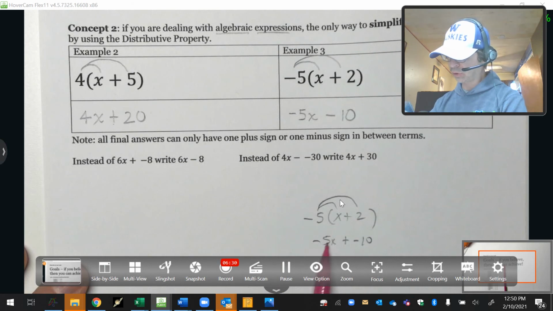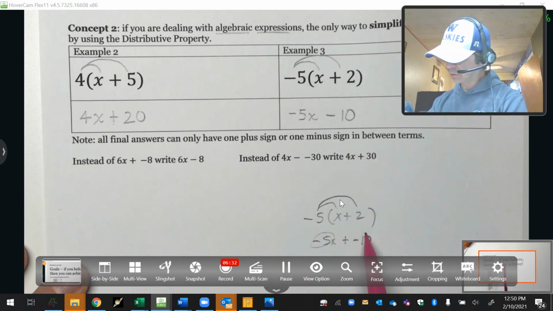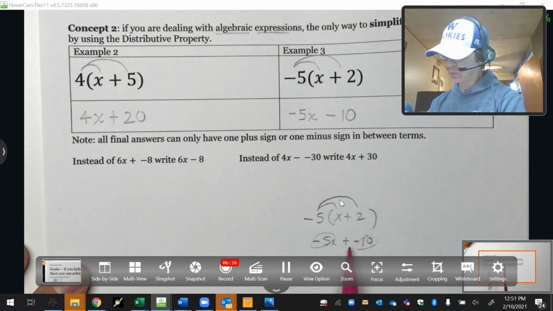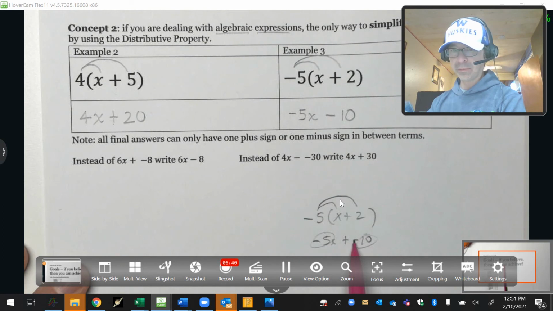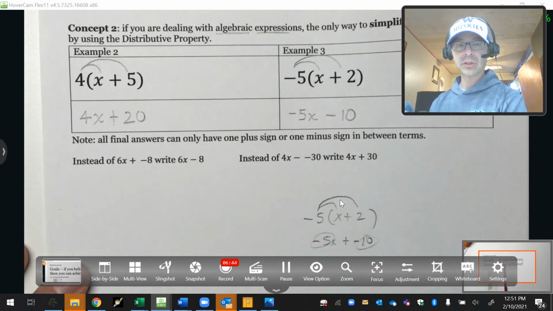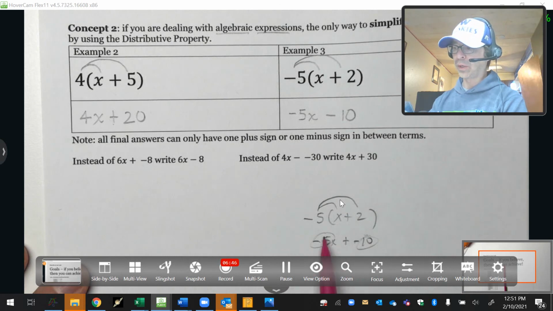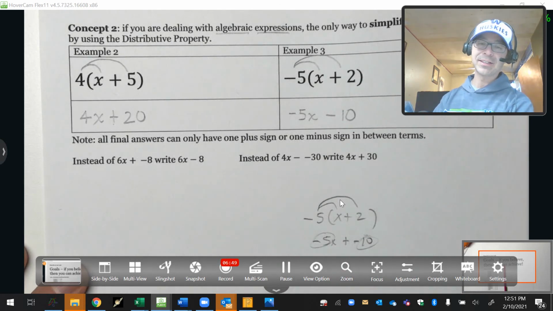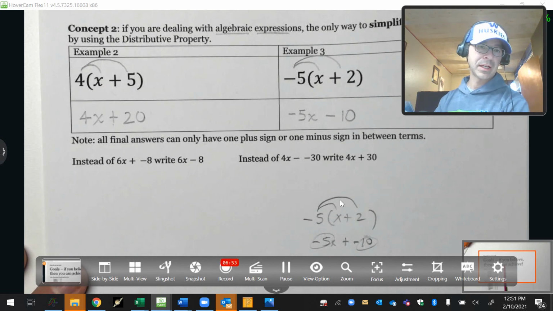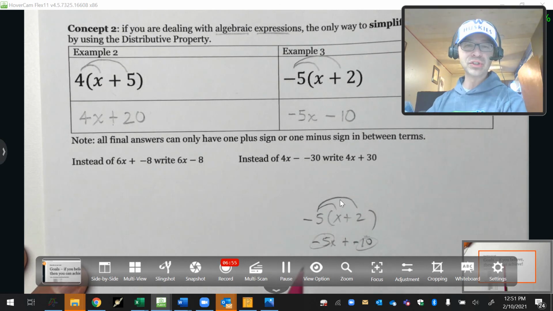So this is a term. This is a term. We can only have a plus sign or a minus sign. So a positive and a negative makes a negative. So if you write your answer like that, I'll be like, that's not wrong, but I need you to use just one sign.